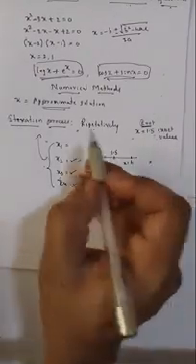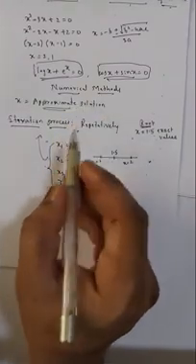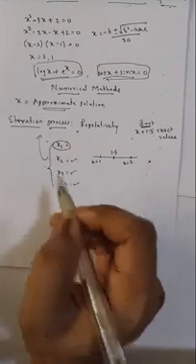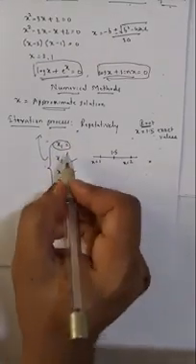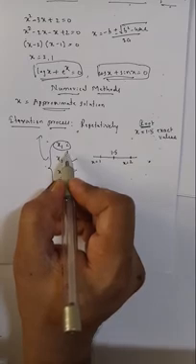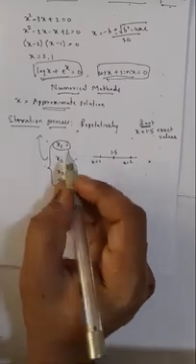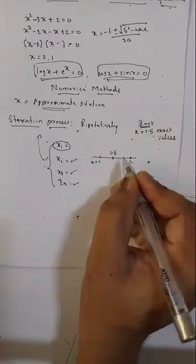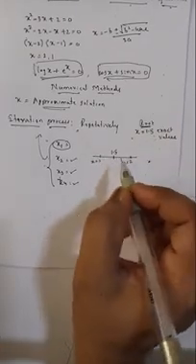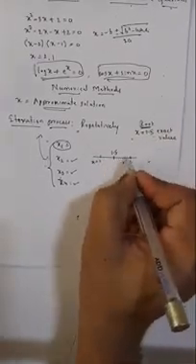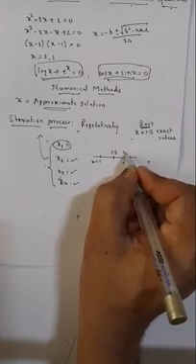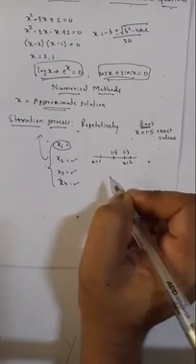Then we apply the numerical method once, and as I explained, we get x1. x1 is the approximate solution. Approximate means it is near the exact value. Assume the exact value is 1.5. Either the root lies on this side or this side. We consider somewhere here, assume this is 1.7.